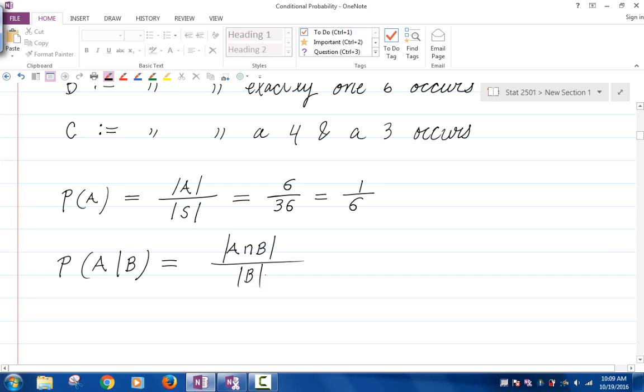Well, why does it work? Because remember, the outcomes are equally likely, right? So I can just divide the number of elements of A intersect B by the number of elements of B. A intersect B has how many elements?